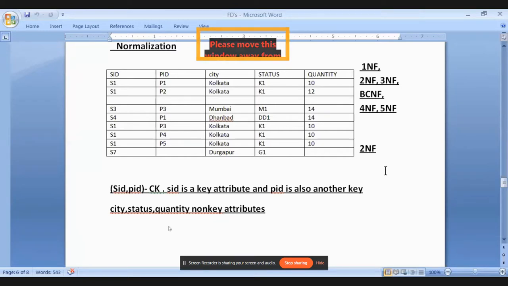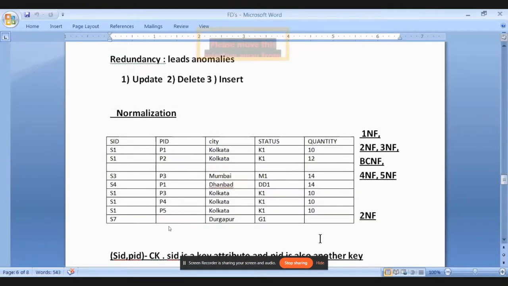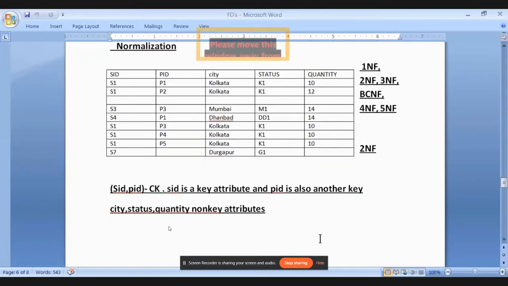Now, what is a partial dependency? A subset of the candidate key determines a non-prime attribute. That means if any non-prime attribute depends on a key attribute, what is a key attribute?